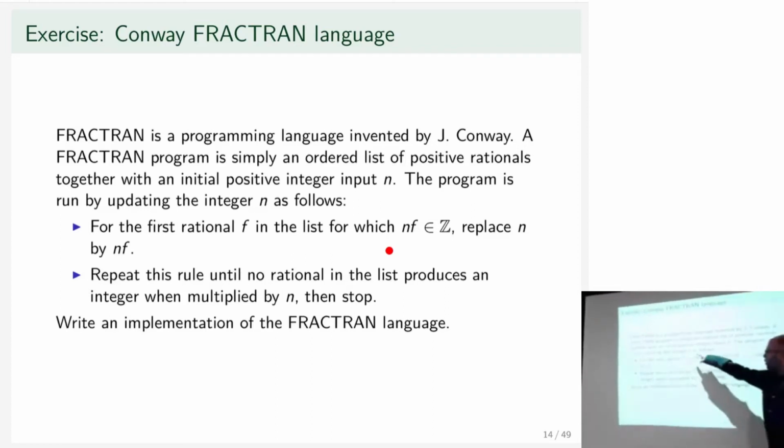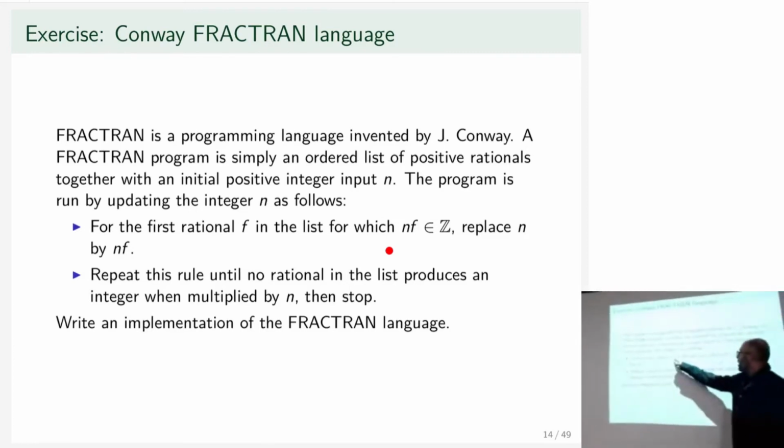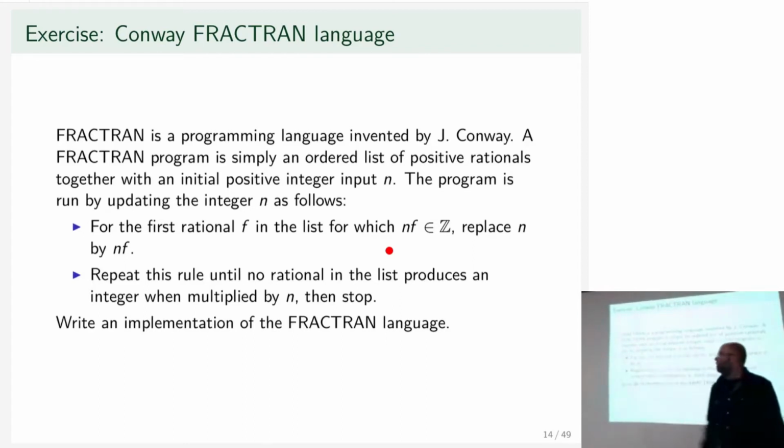The program does the following. You need to update n with these two rules. Very, very simple rules. For the first rational f in the list for which n times f is an integer, you replace n by n times f.